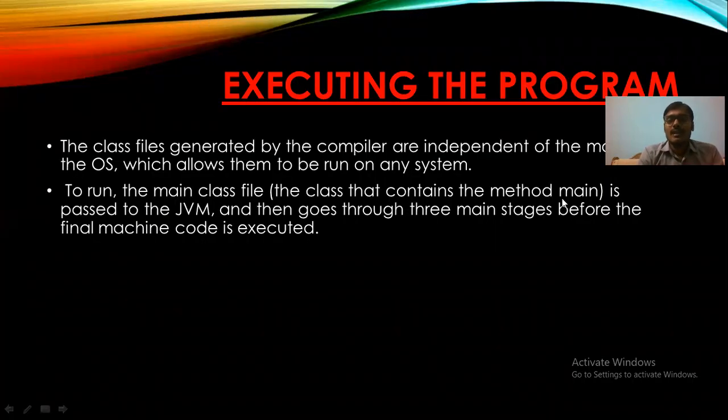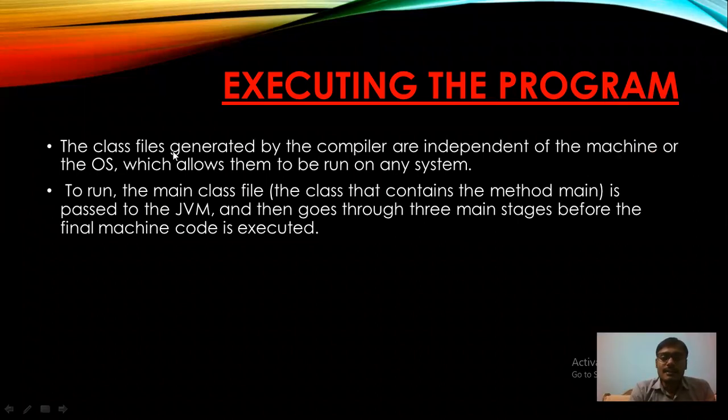Now, what do you mean by executing the program? The class files generated by the compiler are independent of the machine or the OS, which allows them to run on any system.